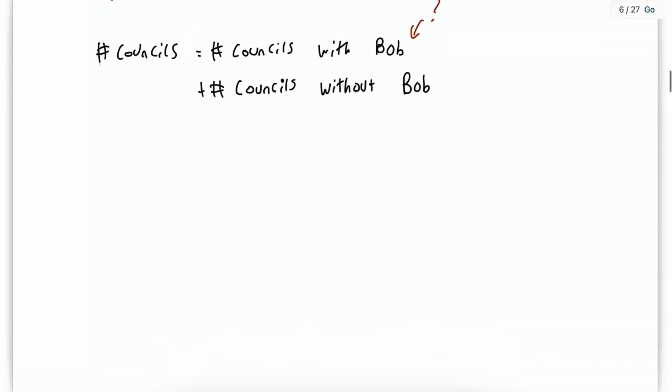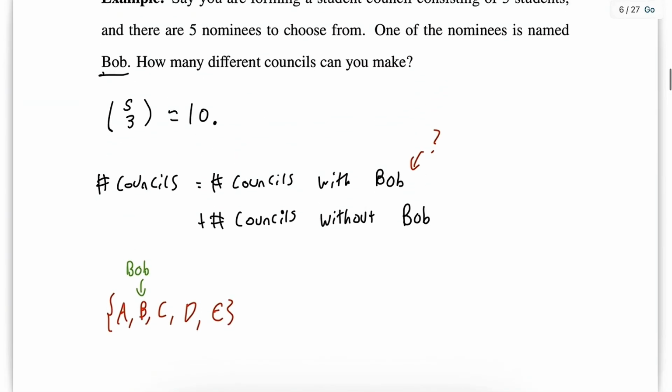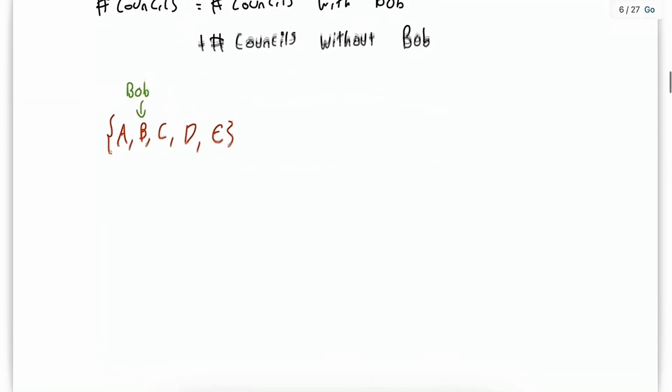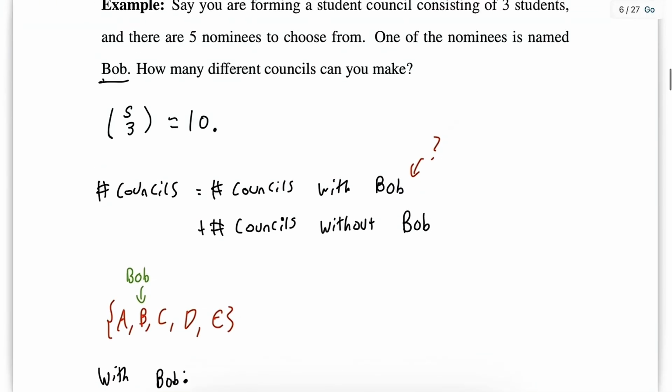Well, we have our 5 nominees. I think I wrote them as A, B, C, D, and E. Let's say Bob here is B. That's the sensible option, right? So how many councils do we have with Bob? Well, with Bob, what do we need to choose?